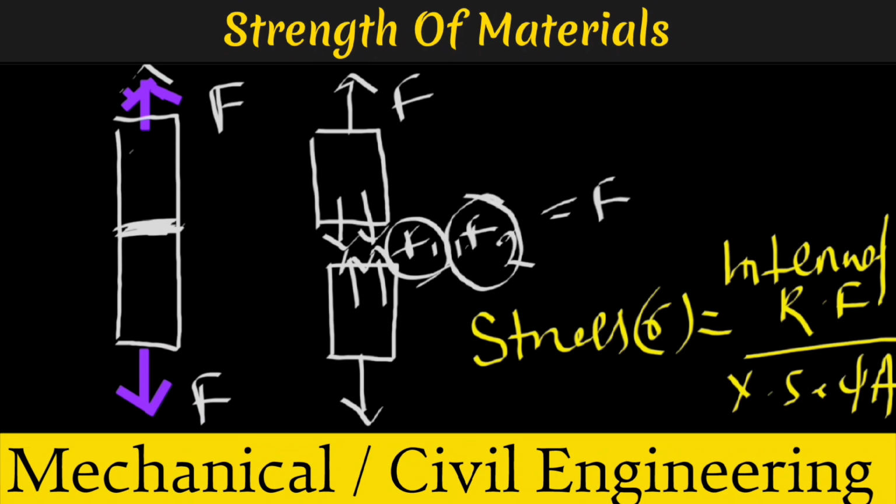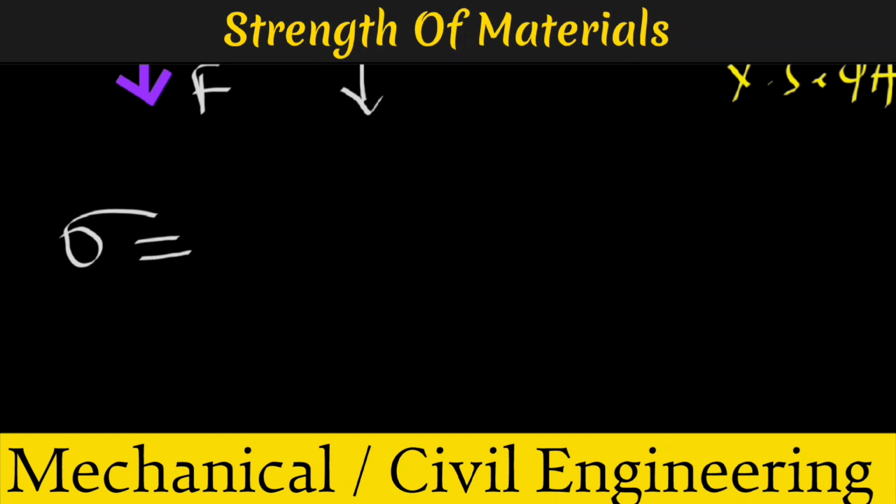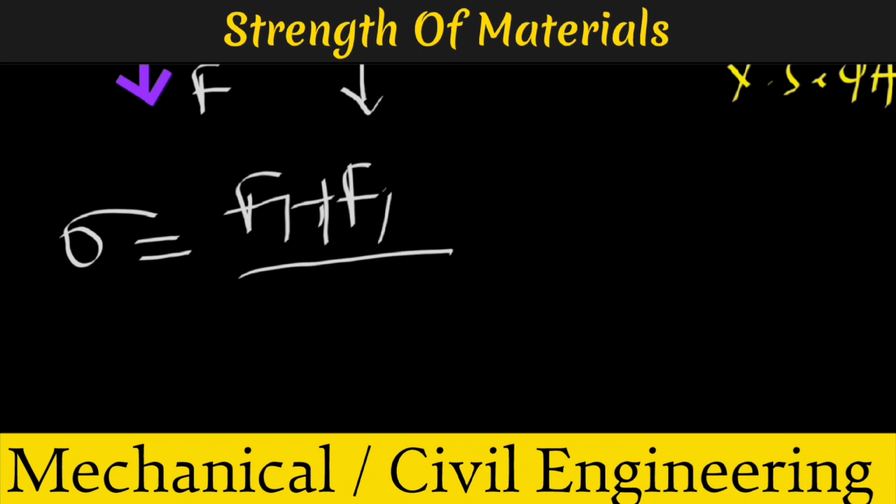So at the place of internal resisting force we can write normal stress sigma is equal to F1 plus F2 by the cross sectional area A.